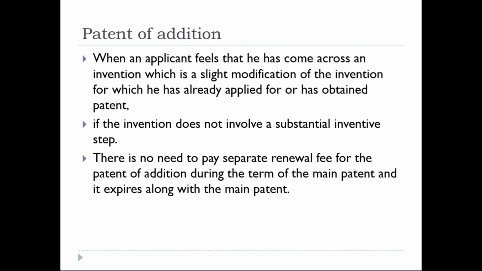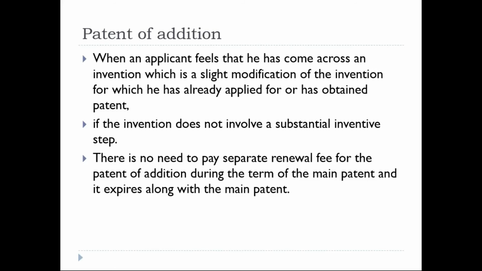Altogether, if you are going to change with different colors, please don't go for patent of addition. Go for a separate application. I'll repeat, you may get confused. For a minor addition, patent of addition is the suggestible thing. If it is a major change, or I could say a new inventive step is brought into the invention, please go for a new application.